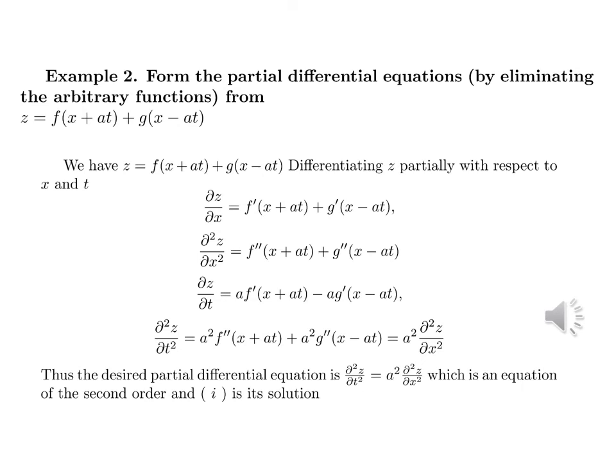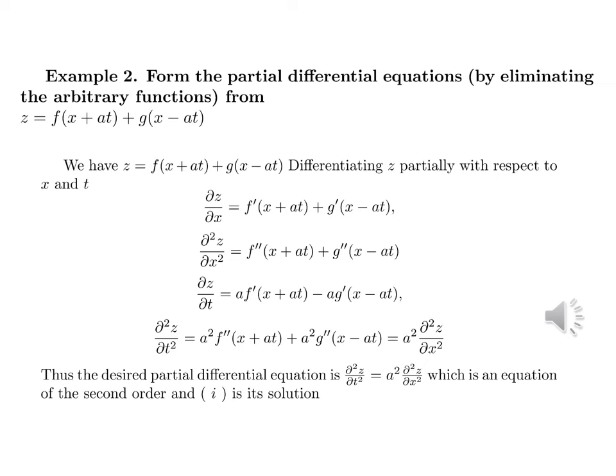The question is z is equal to f of x plus at plus g of x minus at. Here you have to identify that the given arbitrary functions are in terms of x and t. So z is a function of x and t. So here first of all we have to differentiate z partially with respect to x and t.